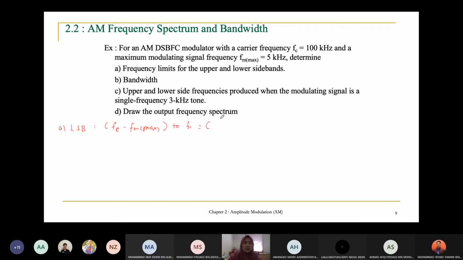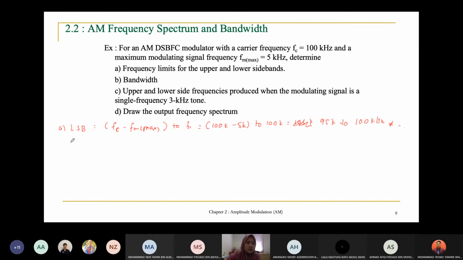Fc is 100K minus 5K until 100K. So the frequency limit for the lower side band is from 100K minus 5K, which is 95 kilohertz, to 100 kilohertz.